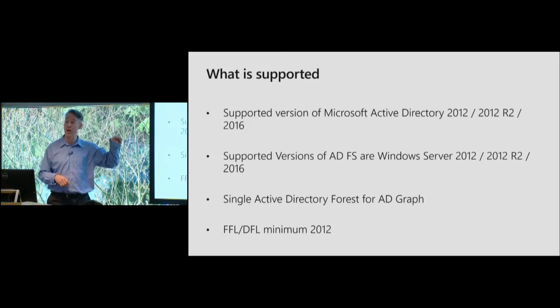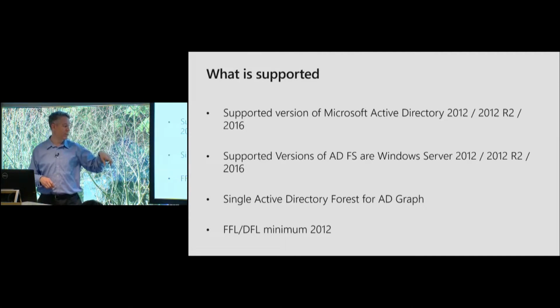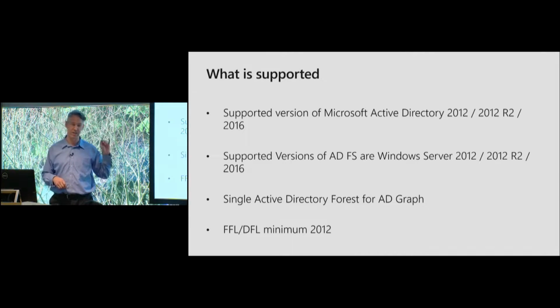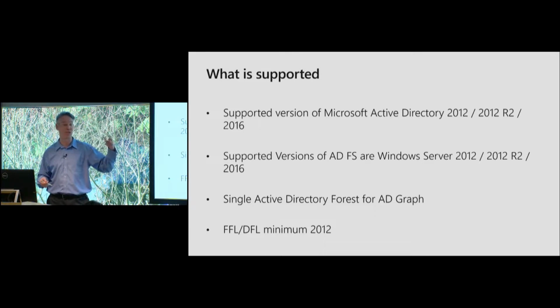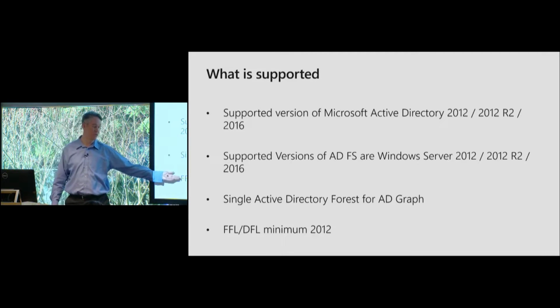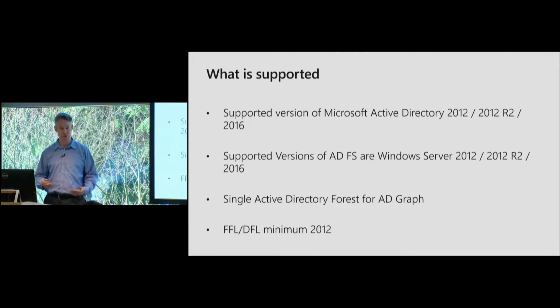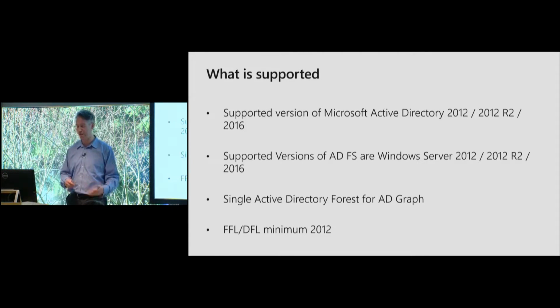You can only connect to one Active Directory forest externally, and the forest functional level and the domain functional level are expected to be at 2012 minimum. So this covers the bulk of Active Directory environments that sit out there at customers today, but you might find you have a customer that's still running at 2008, or maybe they're running at 2012, but they haven't raised the forest functional level yet. That can be a blocker to turning on the ADFS integration until they do some other work inside their infrastructure, which may be hard or maybe not so hard.